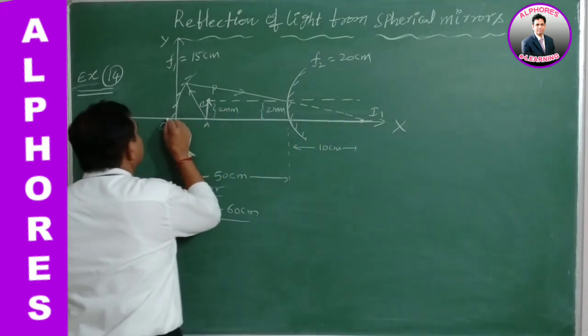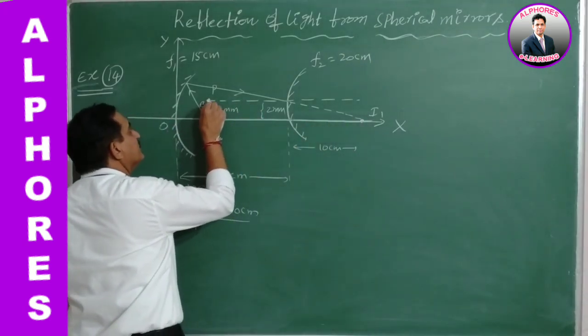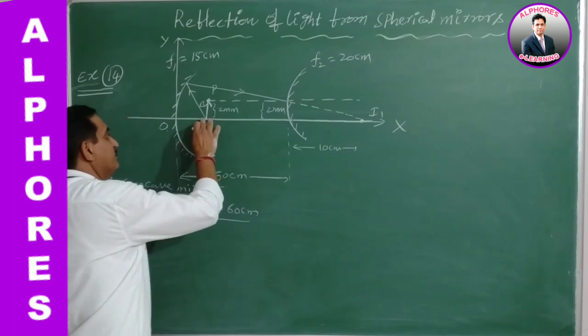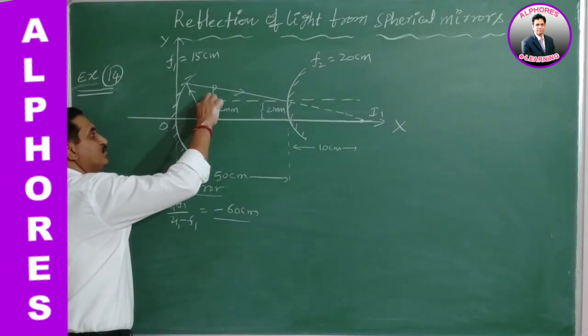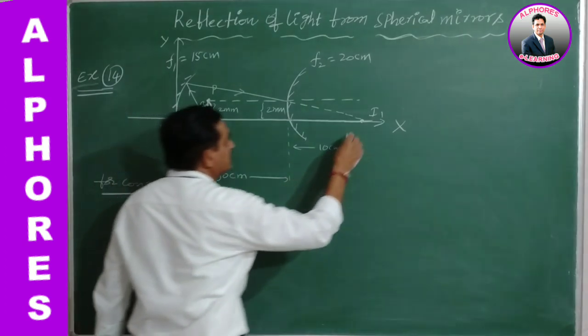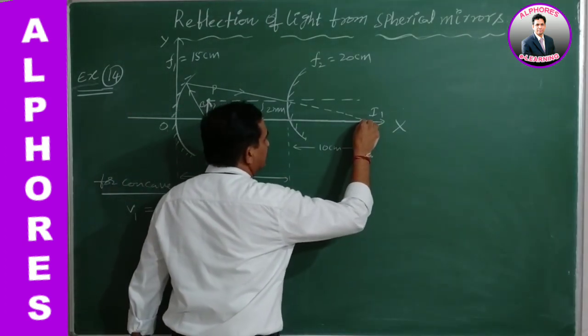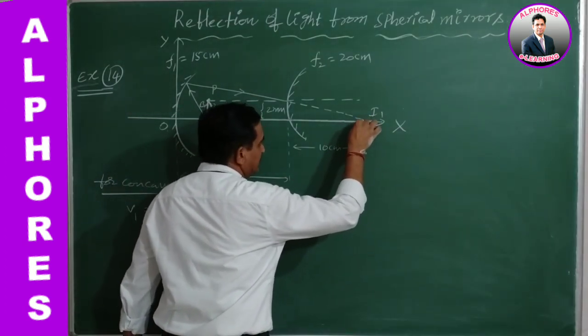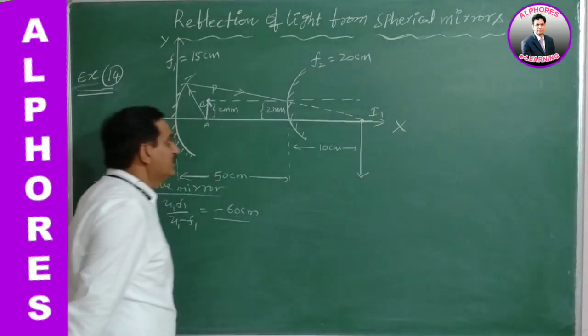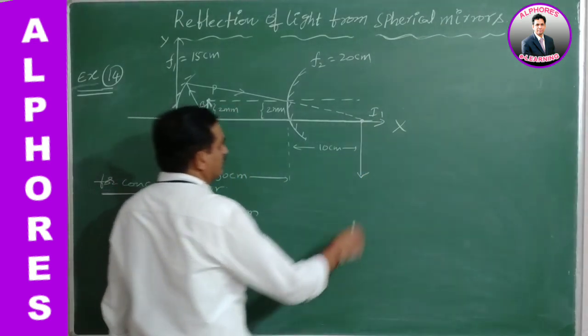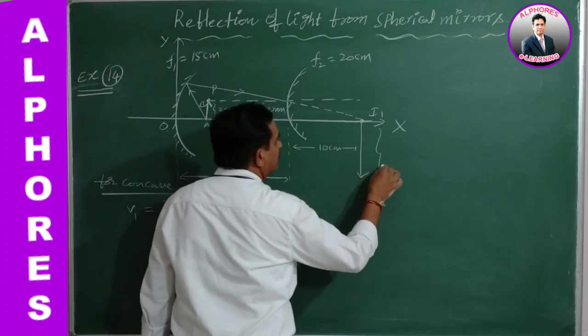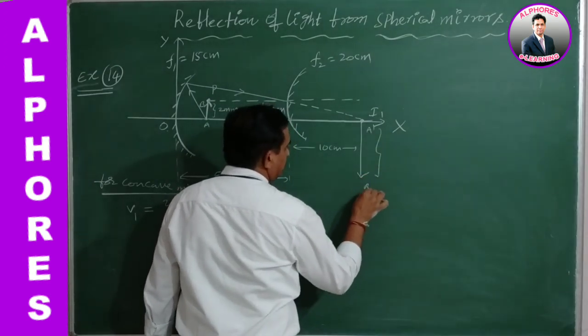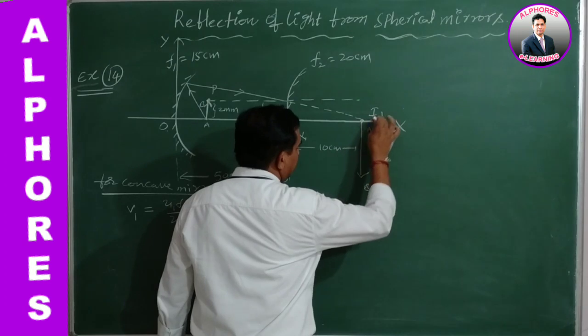So this is the principal axis, over which the object is kept. Let us imagine that. This is the size of the object kept over the principal axis. Taking the principal axis as reference, its corresponding image is formed over here. So this is A dash, B dash, this is image A1.